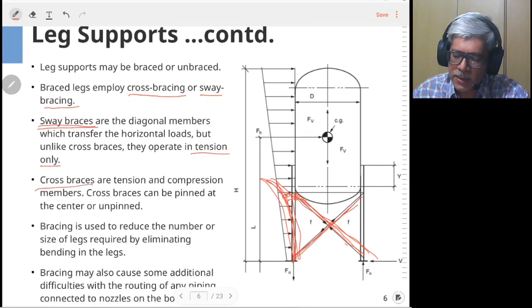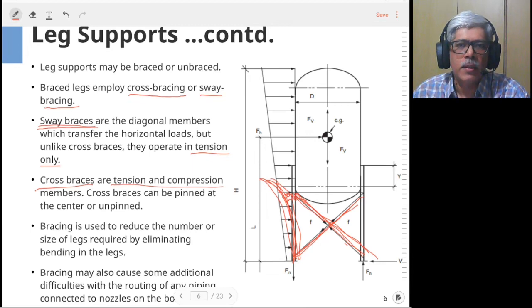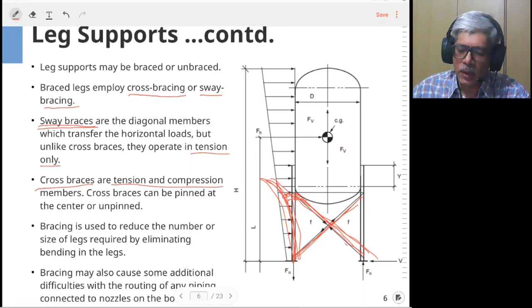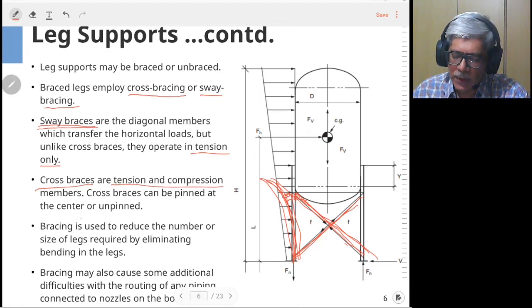The cross braces take tension and compression, so they are essentially structural members. They could be L section, C section, or some steel bar. So it can take both tension and compression load. There are advantages. The sway braces mainly have an advantage in terms of cost, and there are also some other advantages.